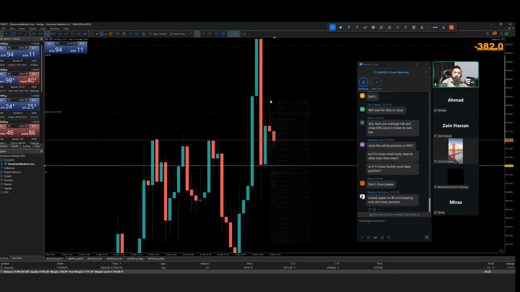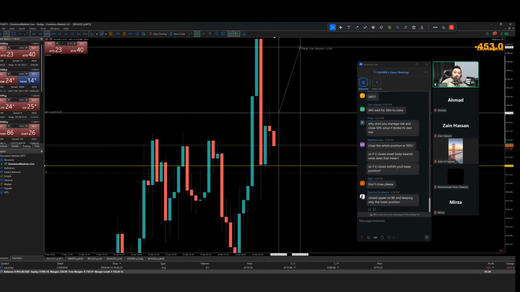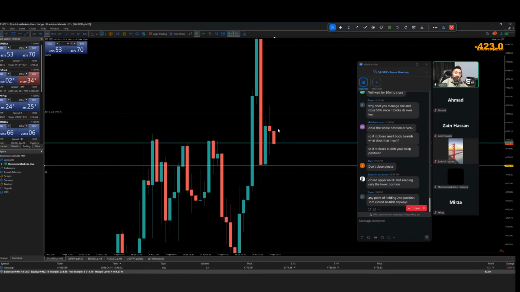I have to close 50% because I executed a trade depending on the 50-minute time frame. I held the trade expecting that volume would continuously push to the upside. But this 50-minute candle closed in a bearish form. Even if it's just a small body, it should not react like that.